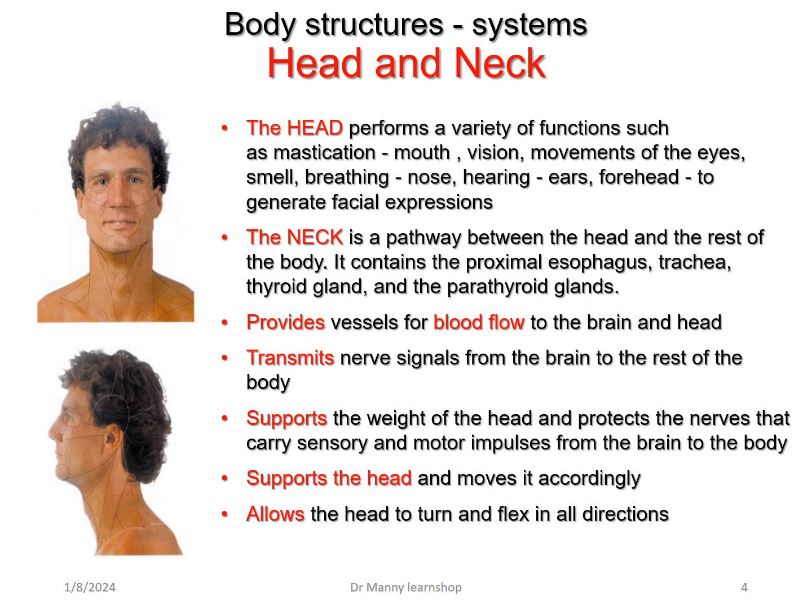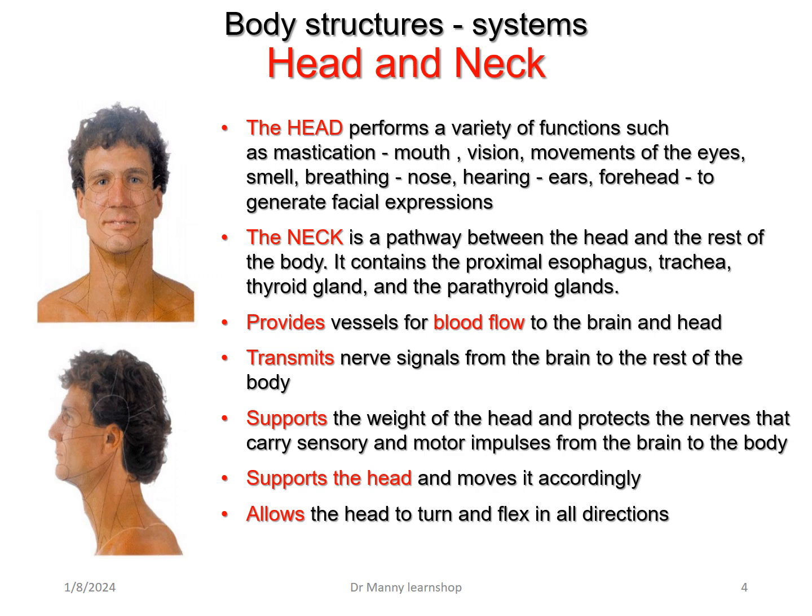And also it provides vessels that permit blood flow to the brain and the head and away, the carotid arteries, the cerebral arteries, the superior and inferior vena cava in the form of the jugular vein. It also transmits nerve signals from the brain to the rest of the body via specialised nerve pathways, and it supports the head.